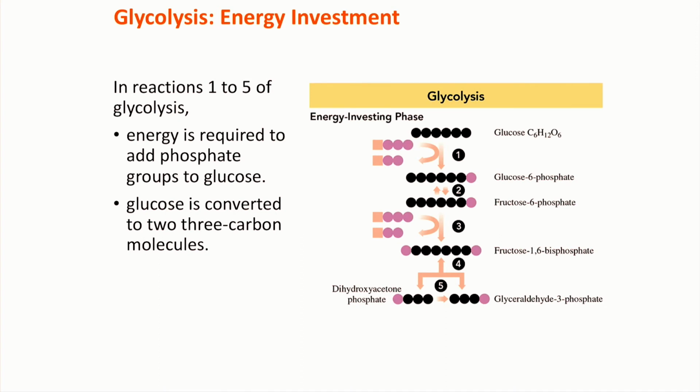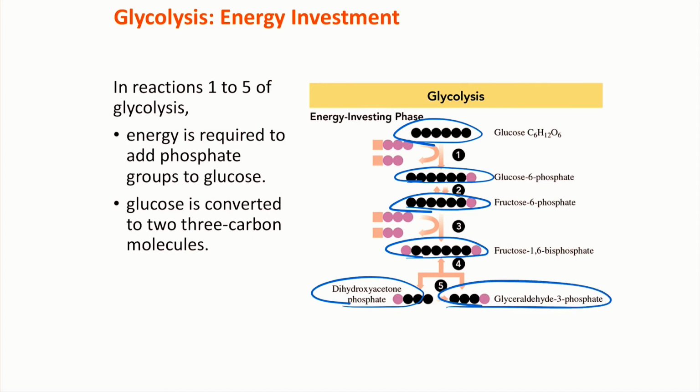So you have the 6-carbon molecule C6H12O6, which first undergoes phosphorylation, forming glucose 6-phosphate and fructose 6-phosphate. Then under further phosphorylation it creates fructose 1,6-bisphosphate, and finally it creates dihydroxyacetone phosphate and glyceraldehyde 3-phosphate.